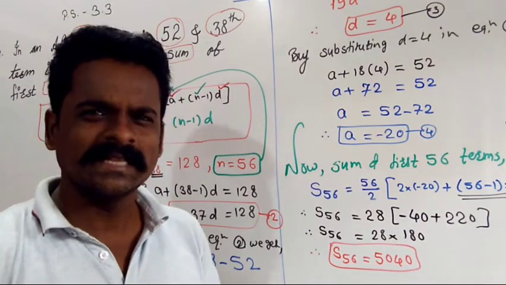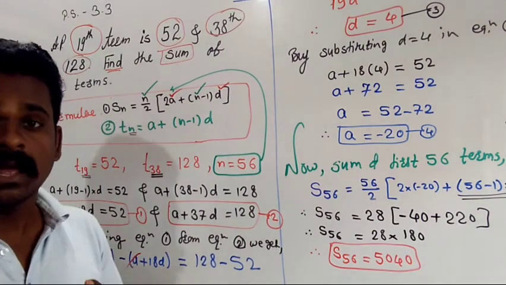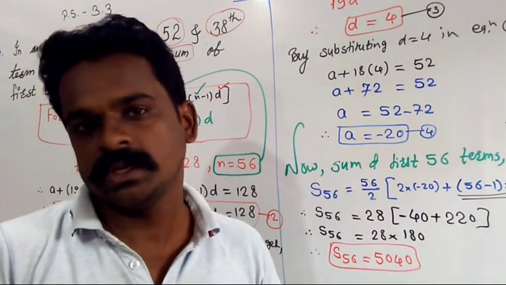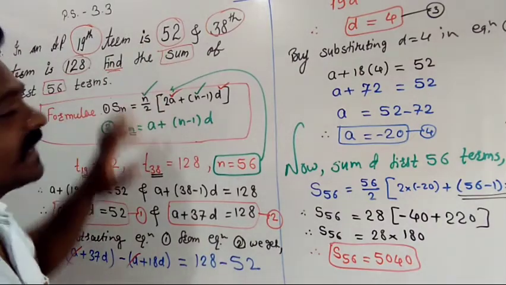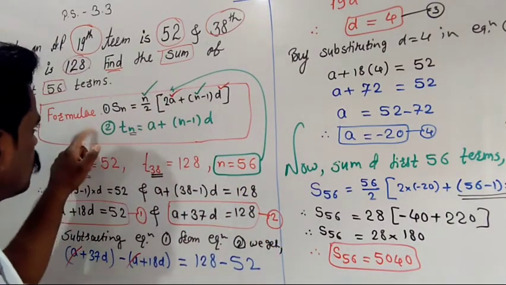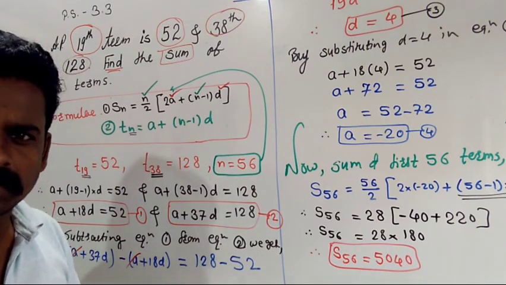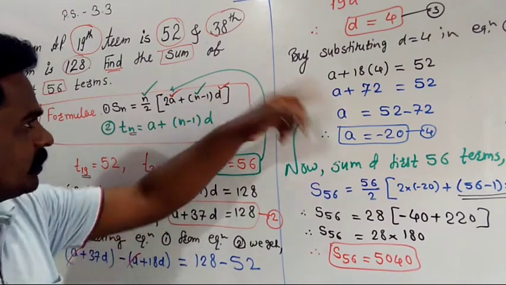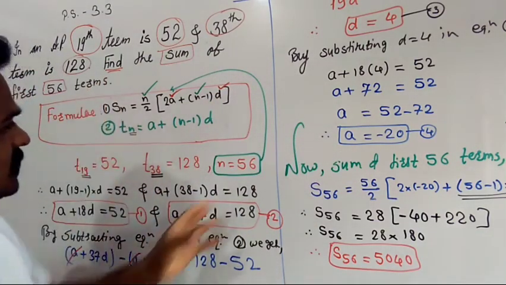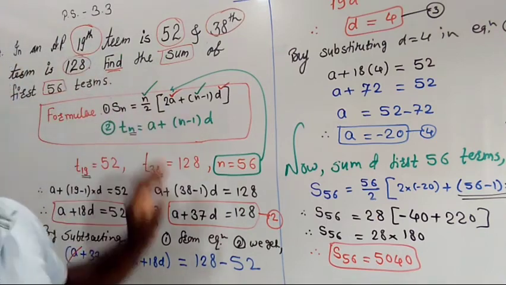So what we did here, we just used these two formulas. What you need to understand is which formulas we need to use according to the given data and according to the term we need to find out. Once you get this, 50% of the problem is already finished, and after that you just substitute the given values in the formula.